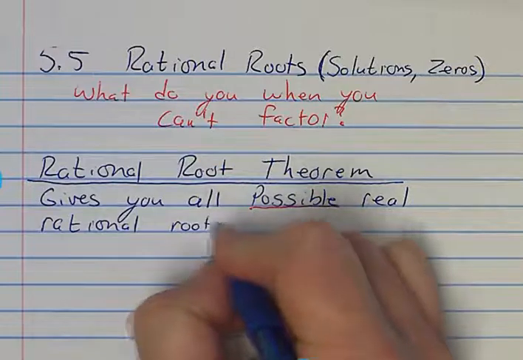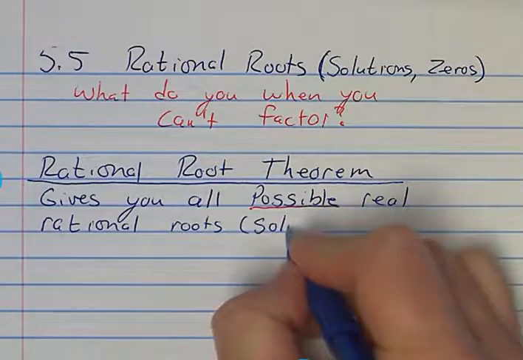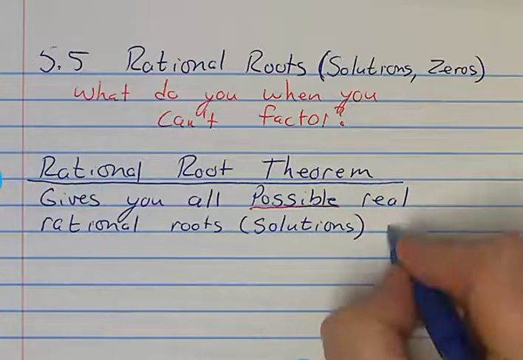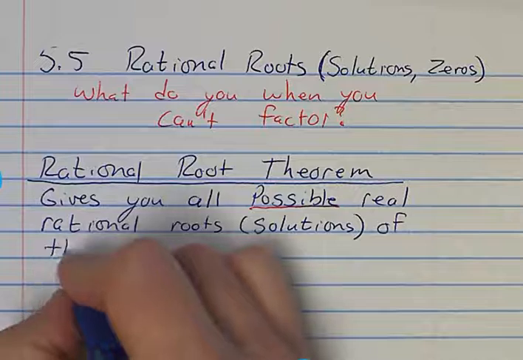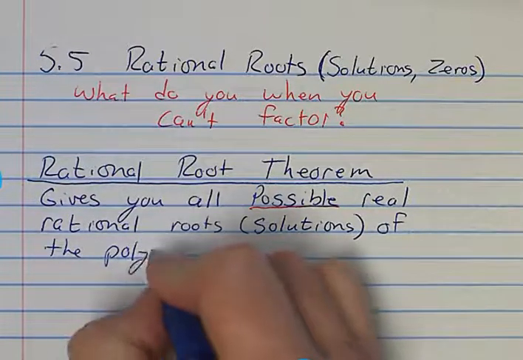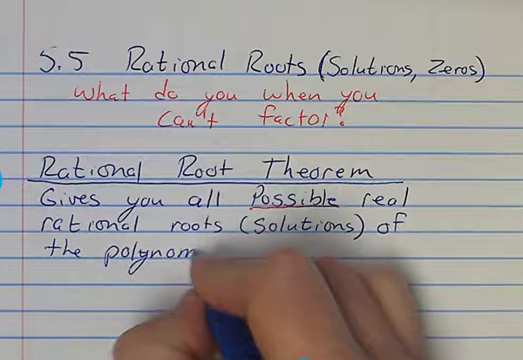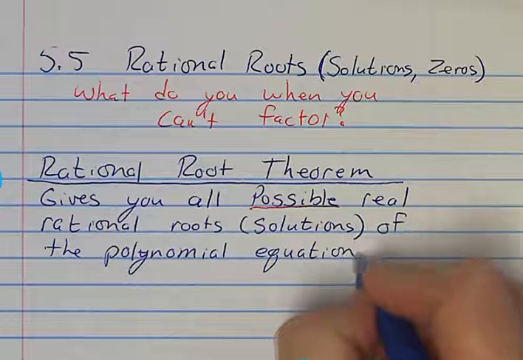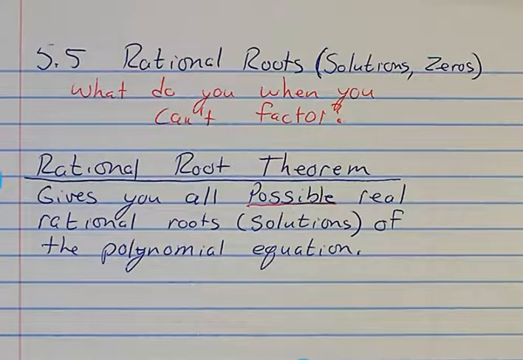And again, roots is just the same thing as solutions of the polynomial equation that you're working with. So if you're doing a longer problem and there's nothing you can do to get started by factoring, no greatest common factor, no factor by grouping, no bottoms up, this is what you would wind up doing.